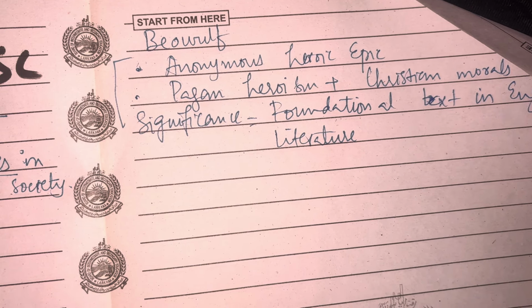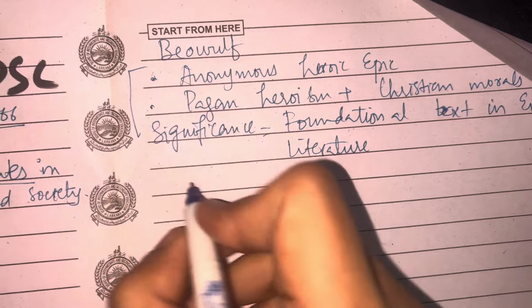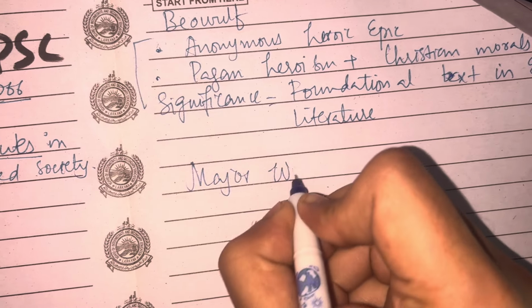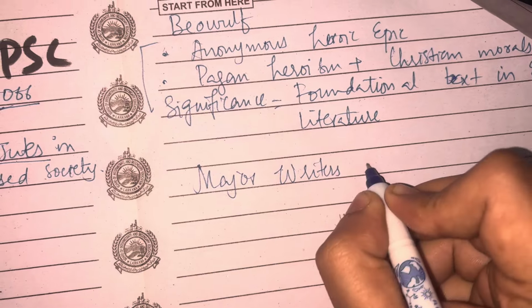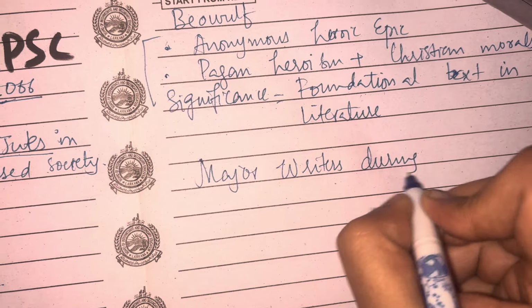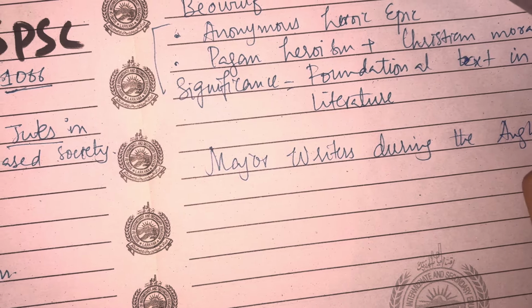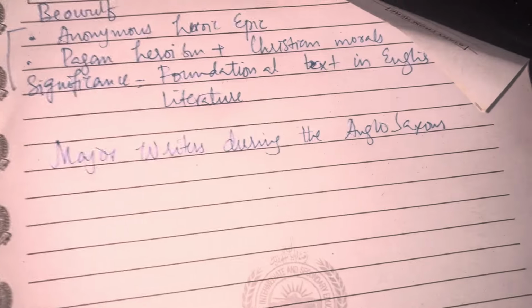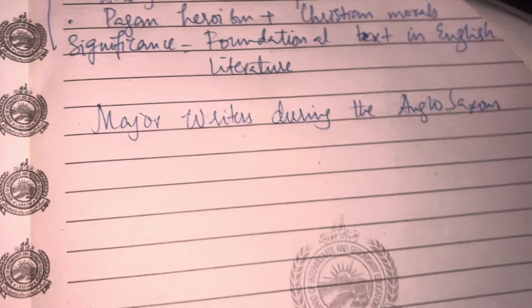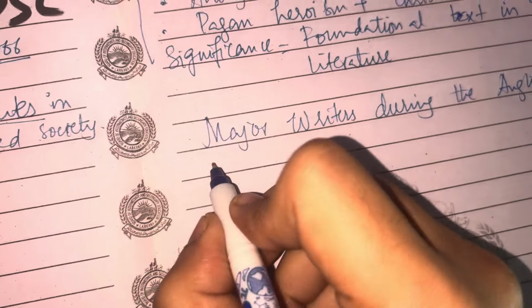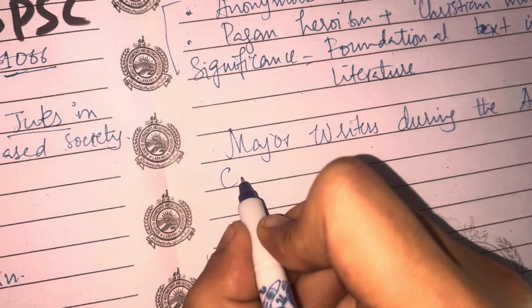If we come to major writers during the Anglo-Saxons period, the major one is Caedmon.